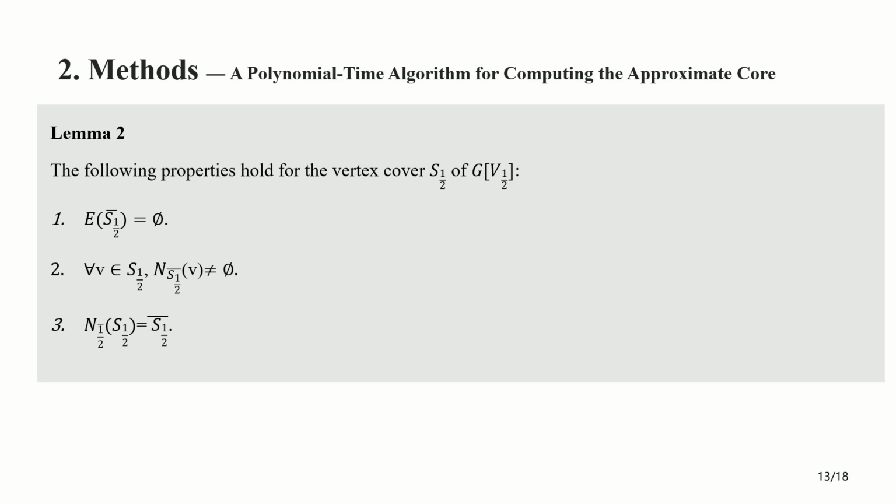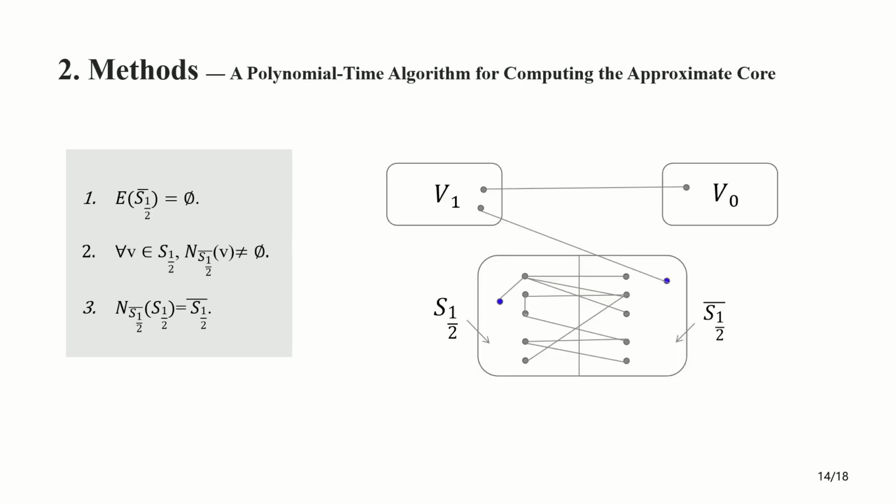First, we study the structure of the subgraph generated by the second type of vertices and obtain the following properties. It may be more intuitive to explain this with a graph. Using the LP's optimal solution with the half-integral property, we divide the vertices into 3 parts: the first type, the second type, and the third type.